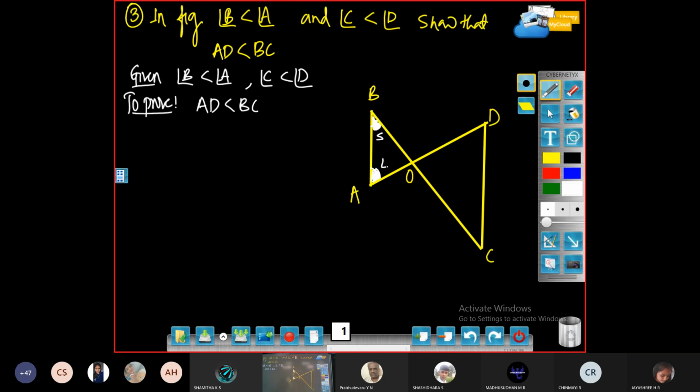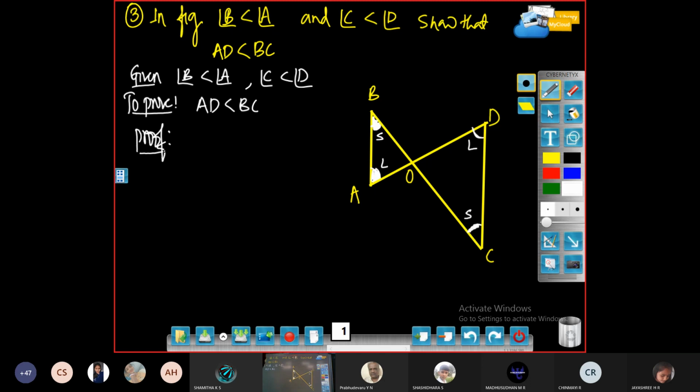Then in the other triangle, angle C is smaller and this angle is larger. Now using these two, we need to compare the sides AD and BC. Both are not sides of any triangle we have taken here. So now tell me how to connect this with the sides of a triangle.